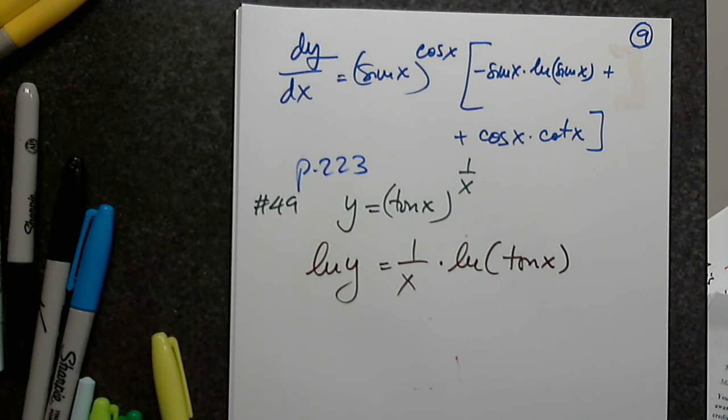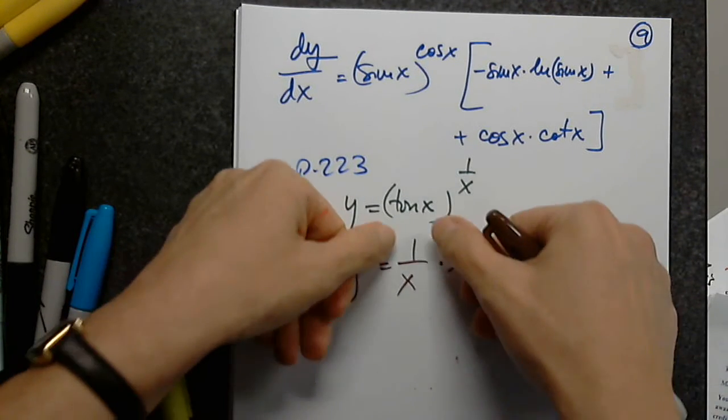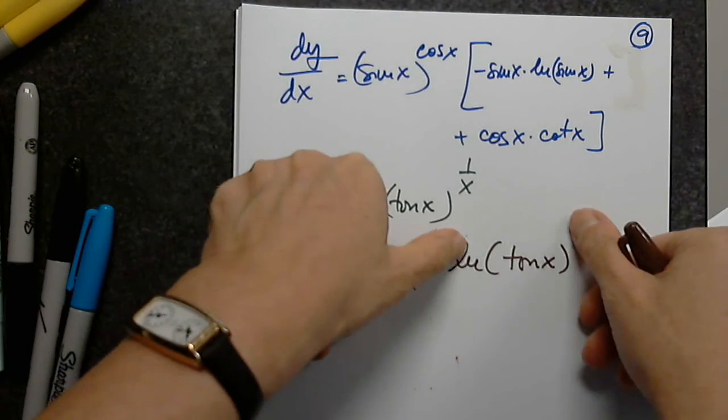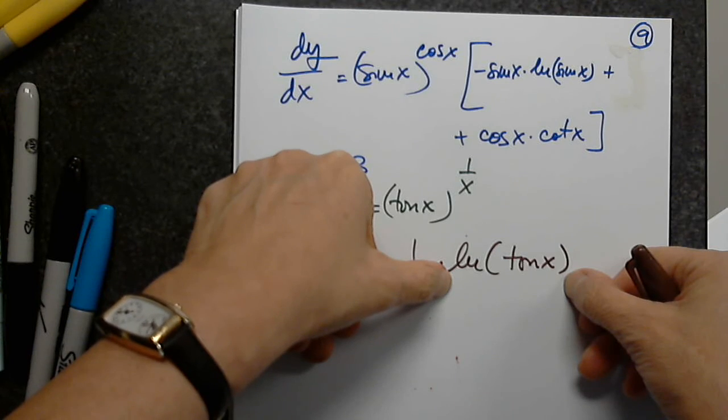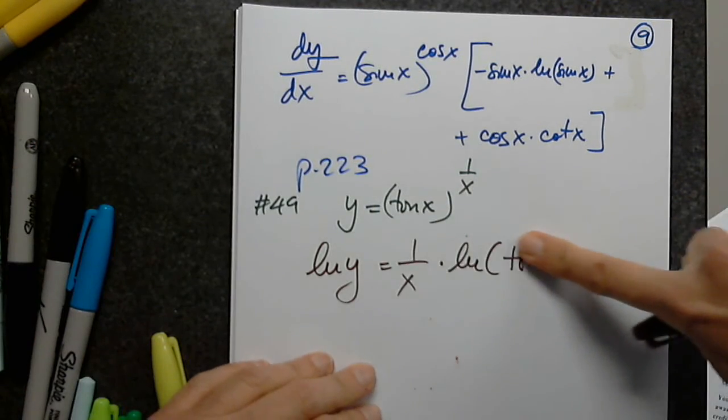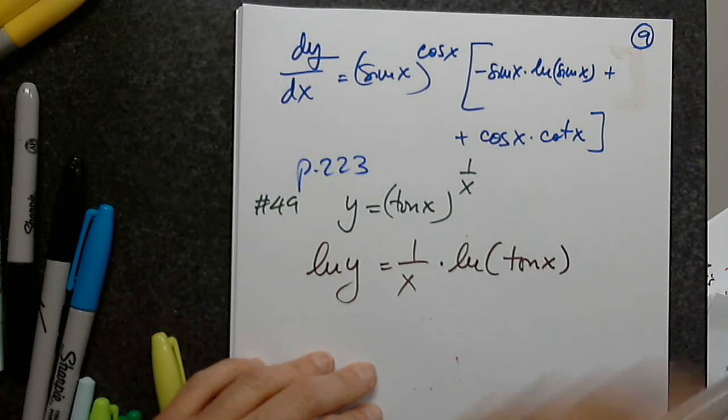Now, I have two options. I can say that I'm going to differentiate a product, this and this, or I can say I'm differentiating a quotient, this over this.